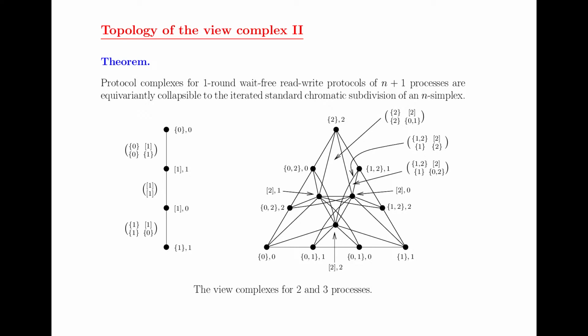If you have 3 processes, for example, there will be 6 additional executions which you didn't allow before, where you would have things like the first process writes, then the second process writes, then the first process reads, and then the third process writes. So the third is not allowed to come; they have to go in groups. But if you allow that, there will be more complicated executions.